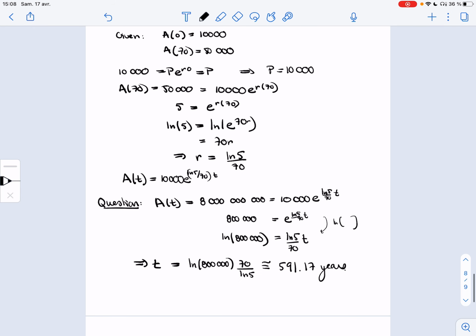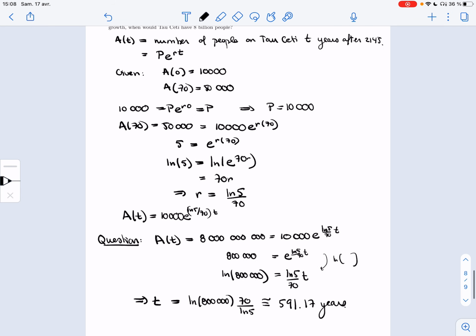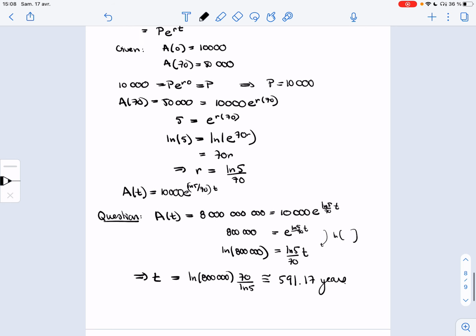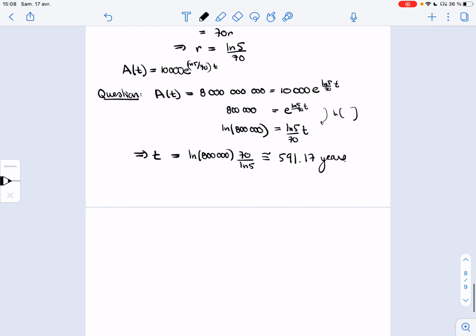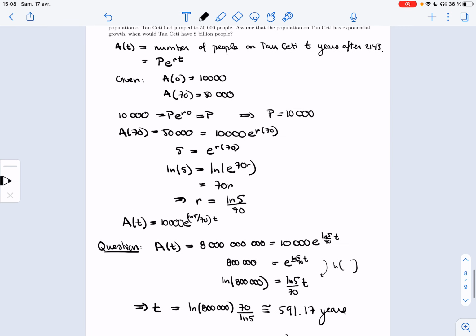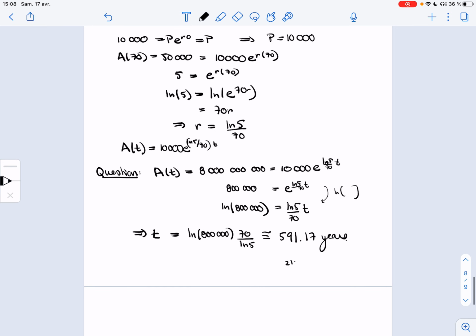All right, so that's interesting, but it's not really answering the question. When I need to give a year, so I'm going to take 2,145, add 591 plus a bit. So I'm going to get something plus a bit, 2,736.